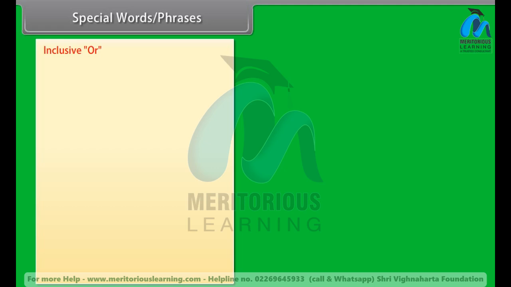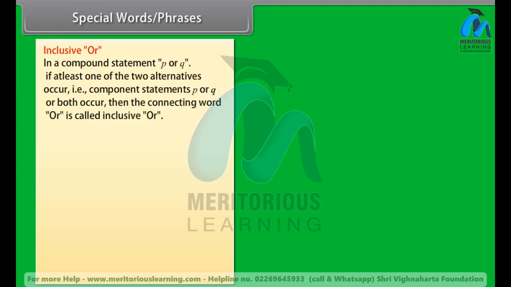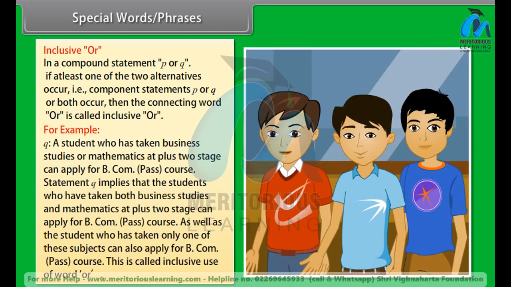Inclusive or. In a compound statement P or Q, if at least one of the two alternatives occurs, that is, component statements P or Q or both occur, then the connecting word "or" is called inclusive or. For example, Q is a statement that a student who has taken business studies or mathematics at +2 stage can apply for BCom Pass course.